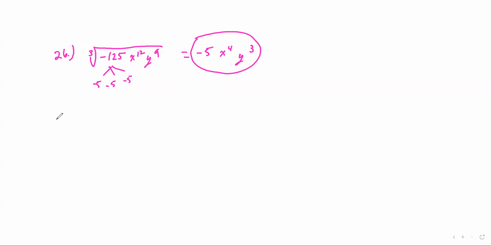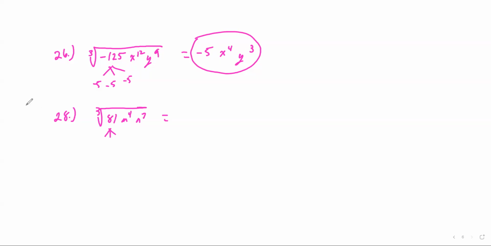Let's look at number 28. This would be the cube root of 81m to the 4th n to the 7th. So again, I look at 81. I try to think of three numbers that multiply to 81. I want to instantly think 4, but 4 times 4 times 4 is 64. So 5 would go to 125. Oh, okay.